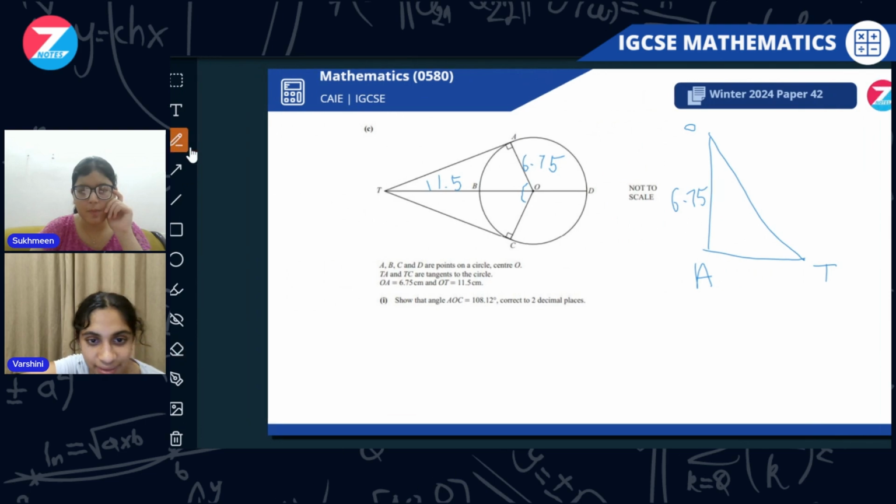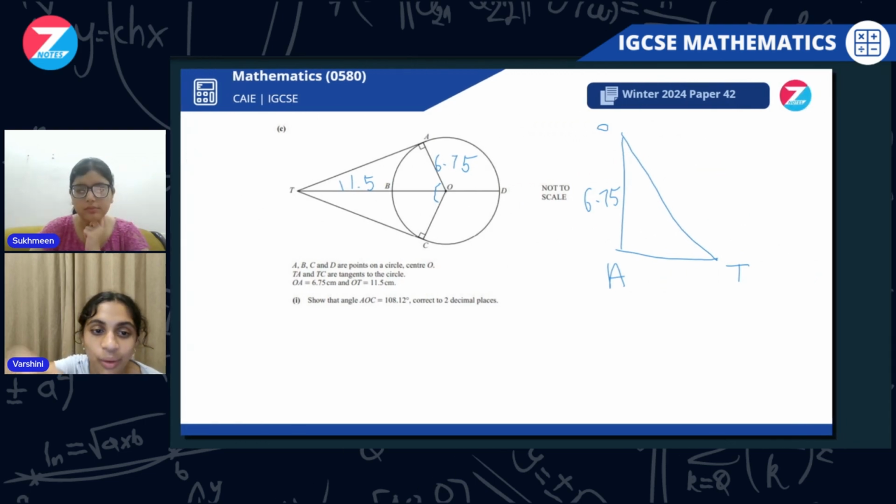And we know this is the right angle, and they want us to find angle AOC. And since both these triangles have the same radius and one same side, that means they are congruent and they are equal. So this angle is equal to this angle, and so this angle is just twice this angle. So all we need to do is find this angle and multiply it by 2.